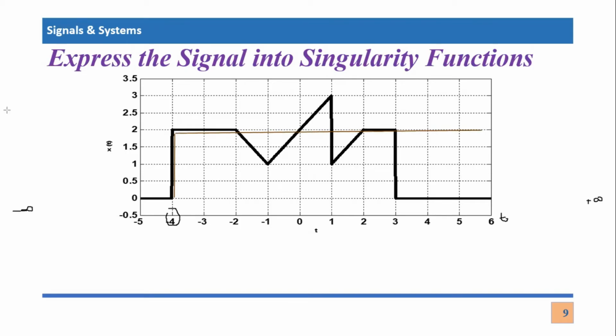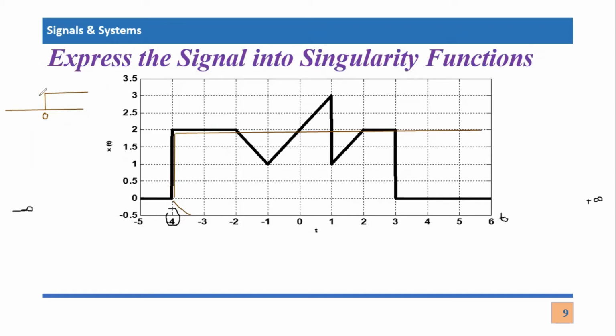Because a step signal is something like that. The only difference in the characteristics will be its time index. Normally, a step signal starts at t equal to 0, but in this graph, the signal is starting at -4, right? So it is very simple to express it.